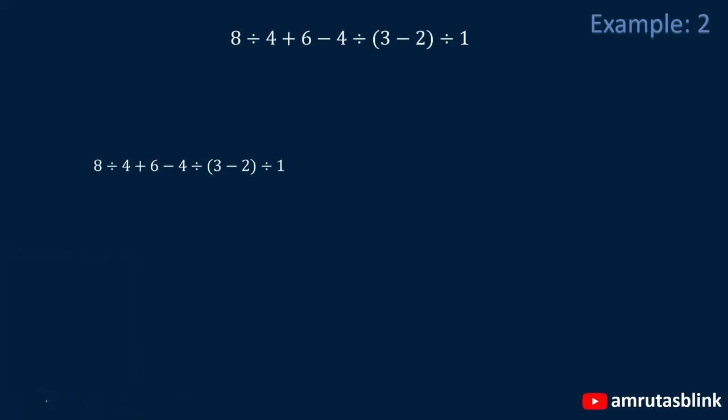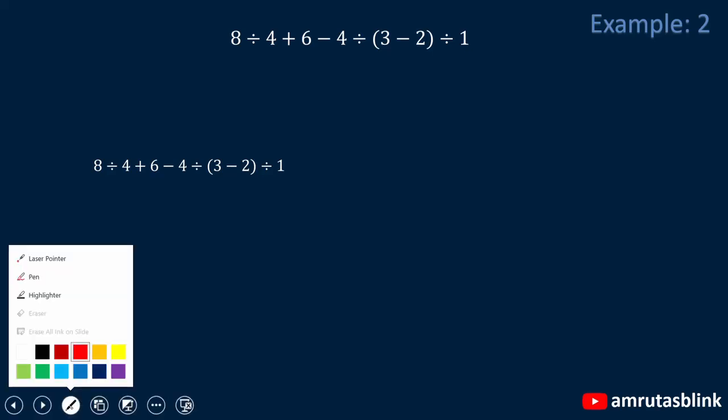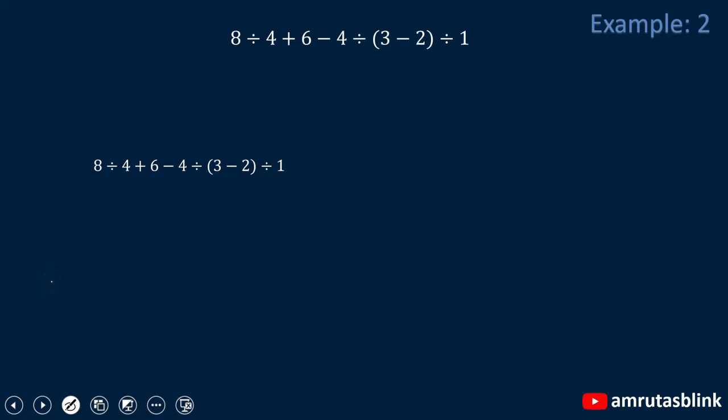Now we'll move to the second problem. 8 divided by 4 plus 6 minus 4 divided by 3 minus 2 divided by 1. Now here also, first of all we need to solve the bracket. So we'll solve this bracket first, that is 8 divided by 4 plus 6 as it is, minus 4 divided by, now 3 minus 2 is 1, so divided by 1, and this divided by 1 as it is.